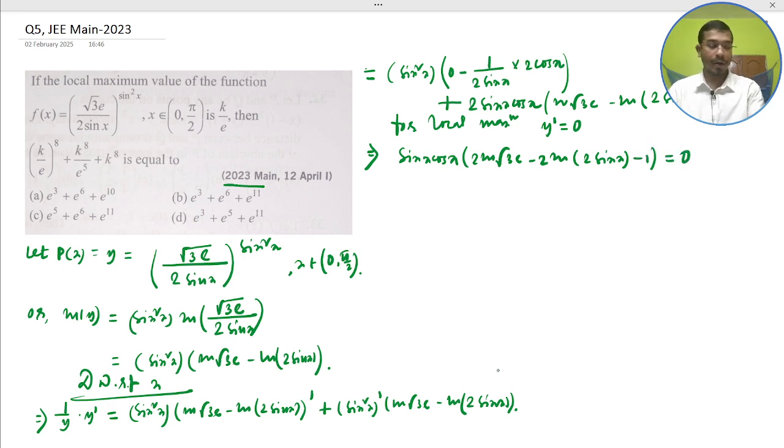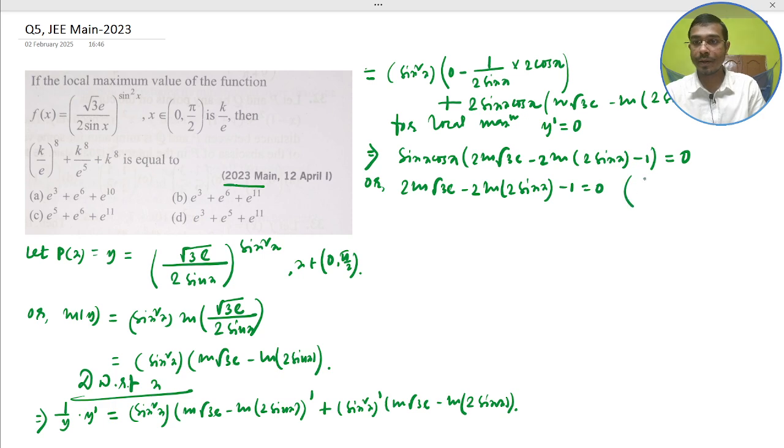First order derivative of the function should be 0. So it would become 2 ln √(3e) minus 2 ln 2 sin x minus 1 should be 0, because x belongs to the given range 0 to π/2.